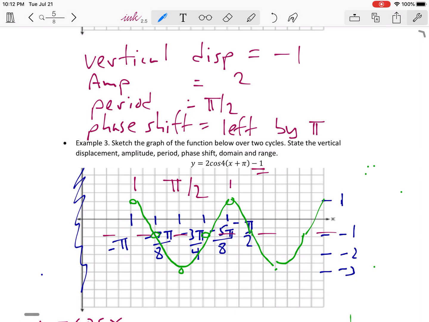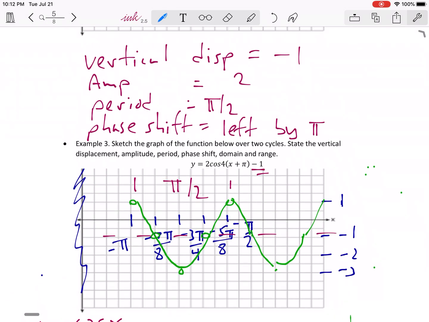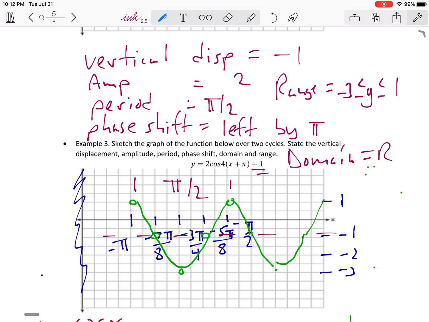Domain again is all real numbers. And then your range is going to be, your minimum is -3, and your maximum is +1.